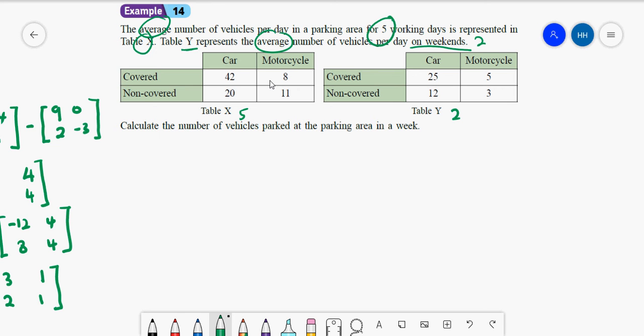The weekend, right? So 5, 42, 8, 20, 11, and then plus 2, 25, 5, 12, 3. Okay, so you can see that I arranged this according to the same category. The covered vehicle, 42, 8, 25, 5. For car, the car for weekdays and the car for weekend are at the same position.